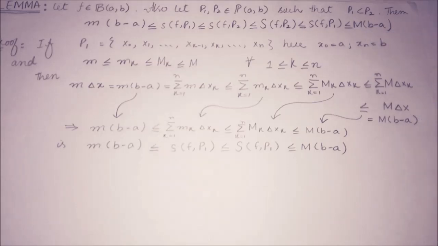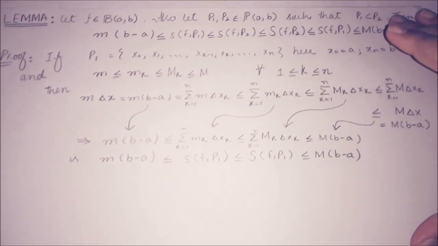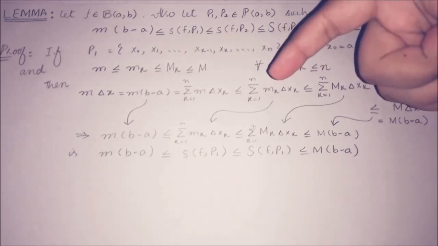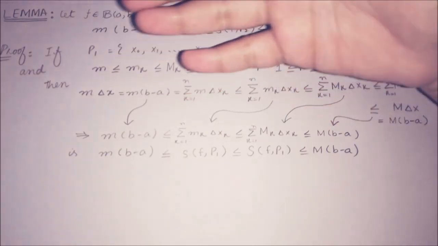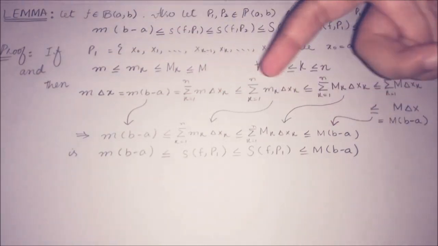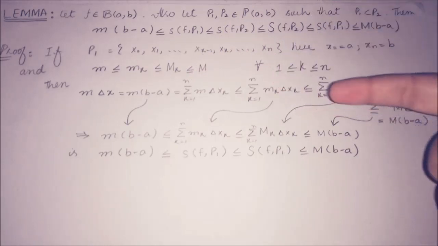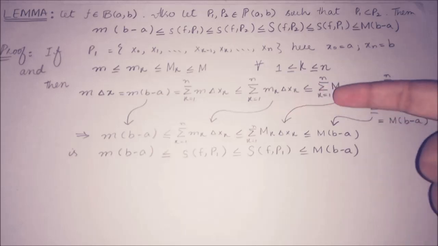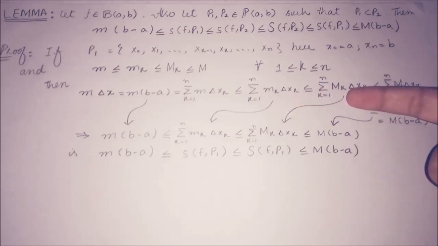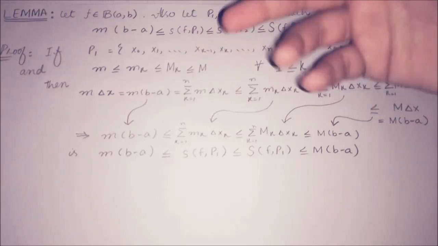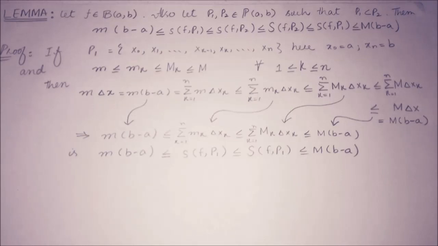Here we have this mk. We know that m is smaller than mk, so this relation is used here, and mk is smaller than capital Mk, the infimum is smaller than the supremum, and this relation is used here. And every possible supremum in a certain interval is less than or equal to the supremum of the whole function, so this relation is used here.